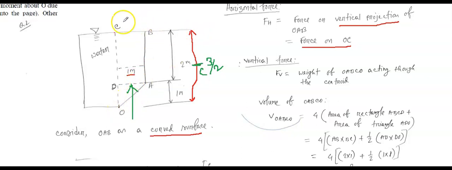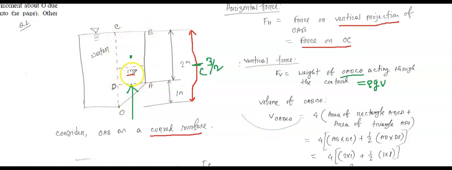So we got this area OABCO. So it is acting through this, and definitely from the center. So let's say this is the centroid. So now we know the vertical force equals rho g and the volume. So that means we need to calculate the volume of this domain OABCO.